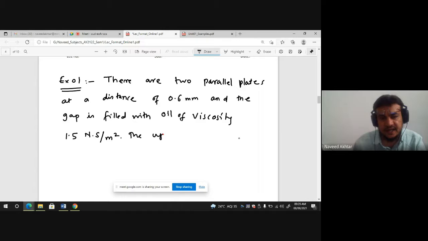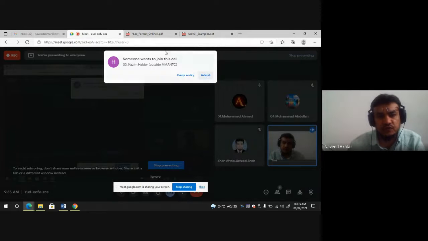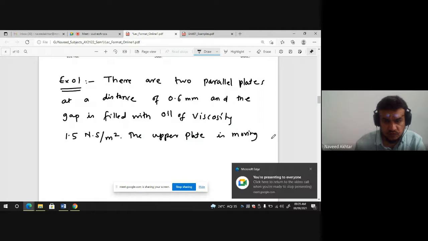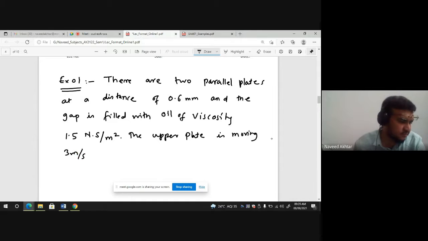The upper plate is moving 3 meter per second to the right.